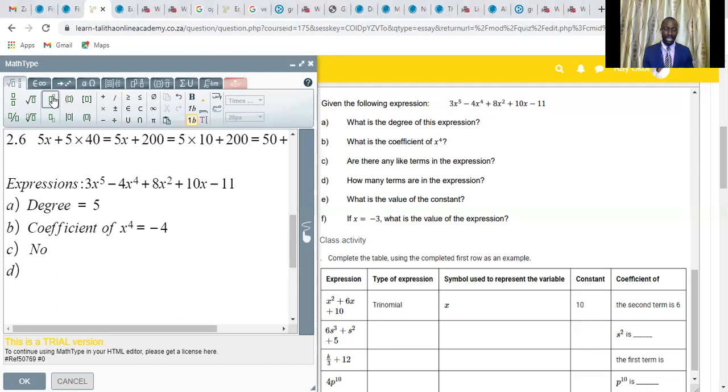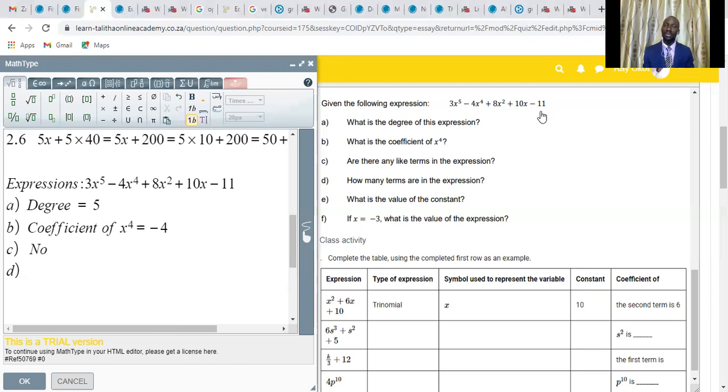Now notice that the word terms is used to refer to these expressions like 3x to the power 5. It's called a term. Negative 4x to the power 4 is also called a term, just like 8x squared, and 10x, and negative 10. All these are separate terms.